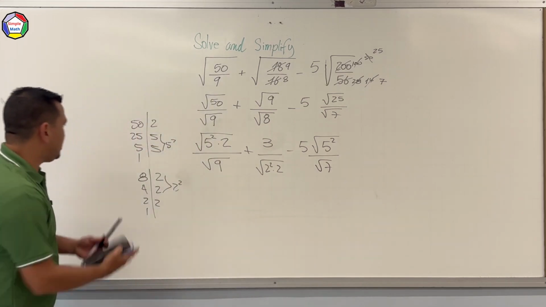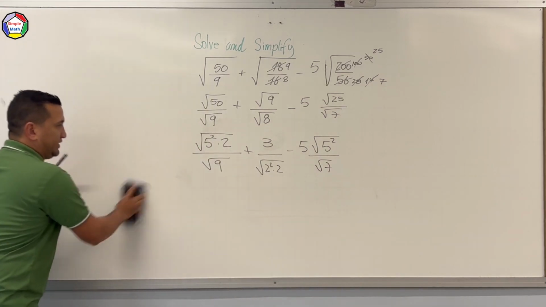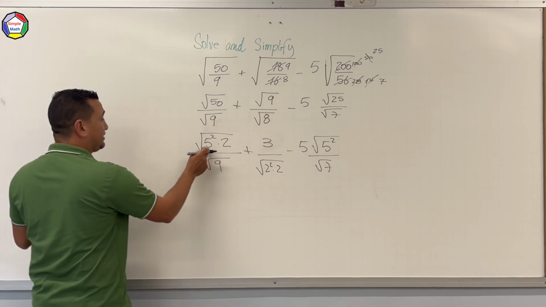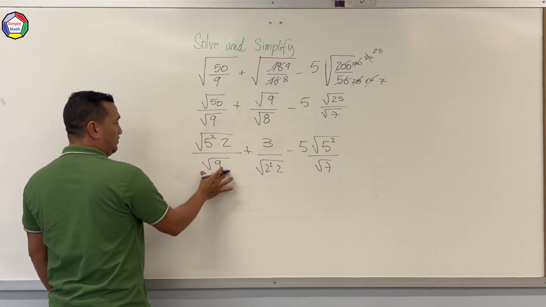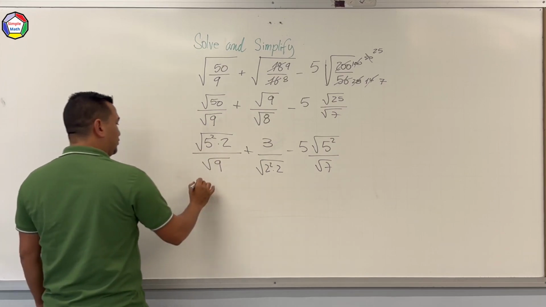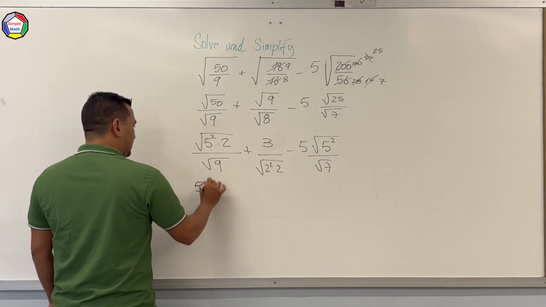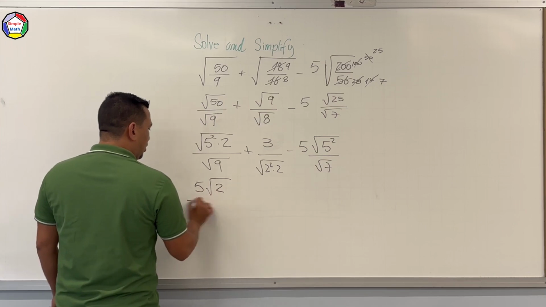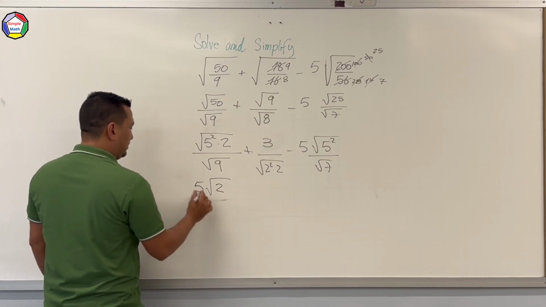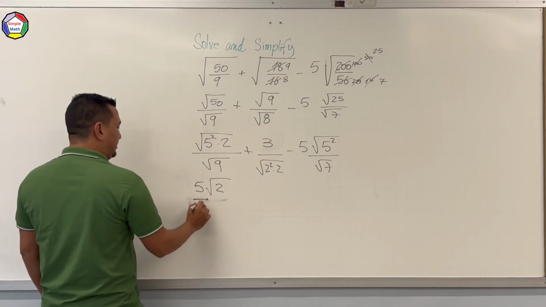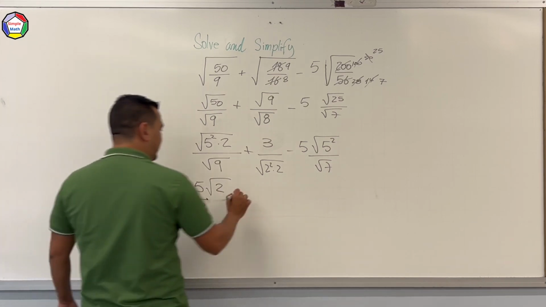So now we can continue doing things. For example, I can take this 5 out, and we can get the square root of 9. If I take this 5 out, we have 5 square root of 2 over the square root of 9, which is 3. So we have 5 root 2 over 3.